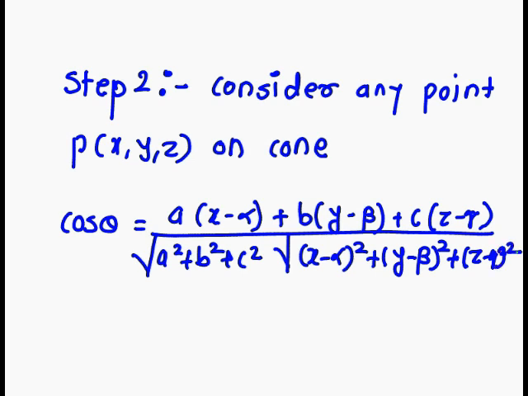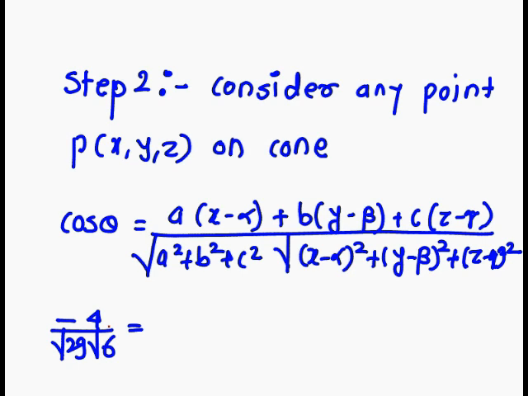So by substituting the given values, we know that the value of cos theta is minus 4 upon square root of 29 square root of 6. The values of A, B, C are minus 2, 4 and minus 3, and the values of alpha, beta, gamma are 0, 0, 0.